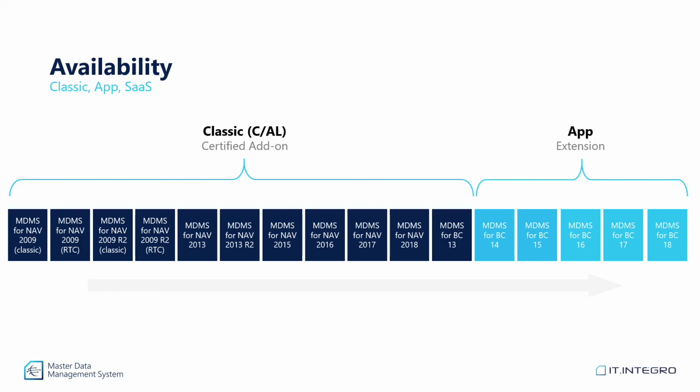The MDMS was first introduced for the version NAV 2009 Classic, and then released for each new release of Dynamics NAV and now Business Central, with the remark that the version for AL has been provided since Business Central 14, and so this is the borderline between the classic C/AL version and the app version.